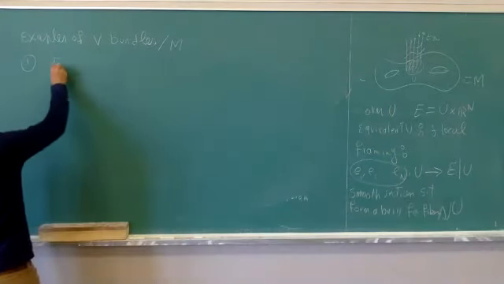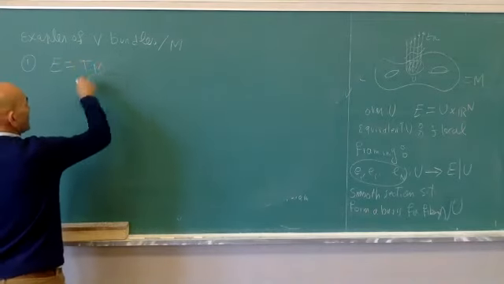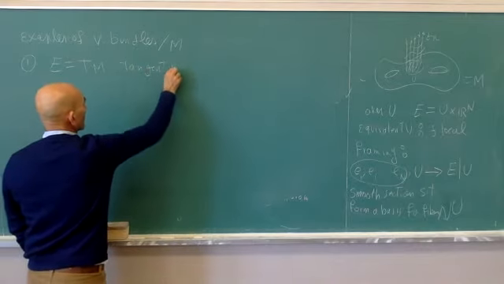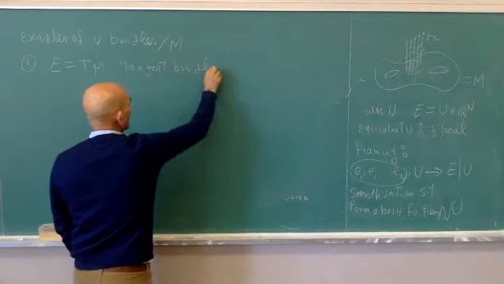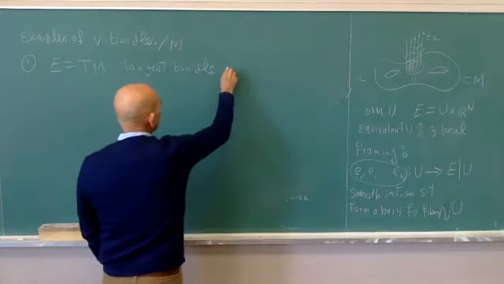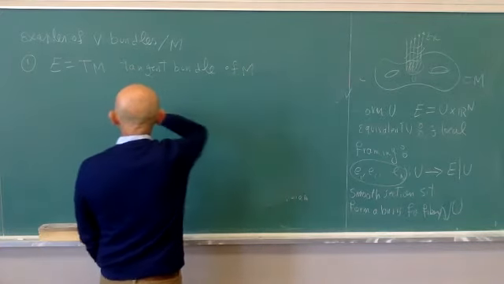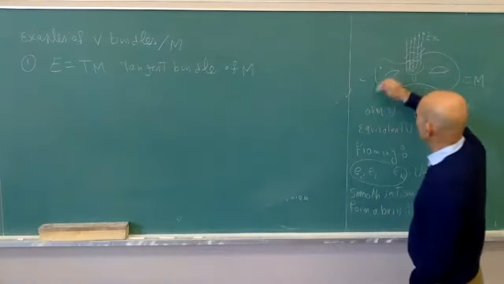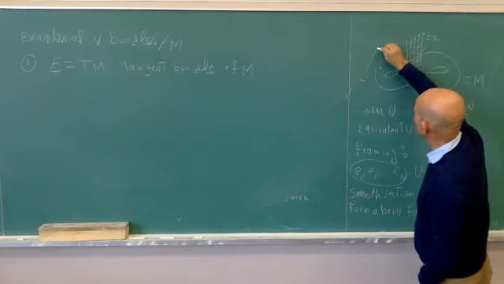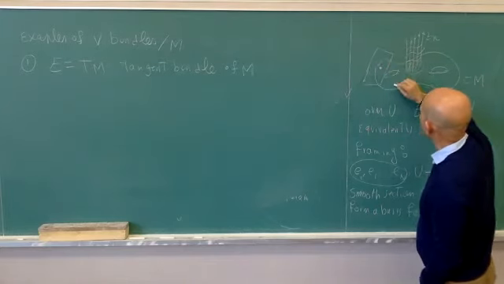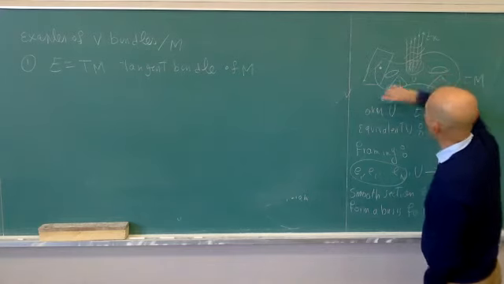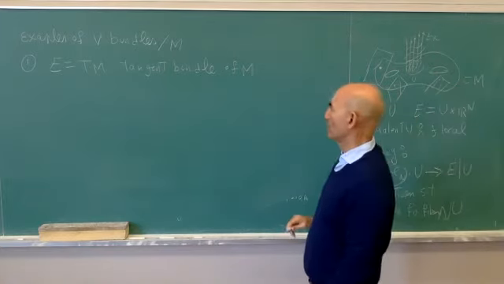E equal to TM, the tangent bundle of M. What is this tangent bundle? Well, in this case, at each point there exists a vector space which is the tangent space. Then it changes from point to point. So this is the tangent bundle of M.